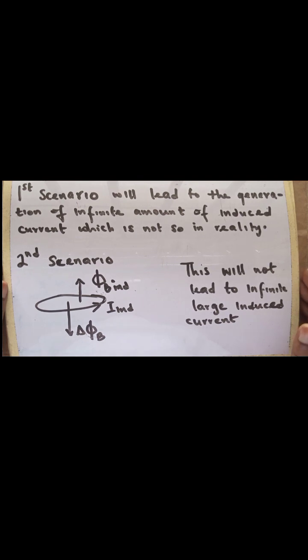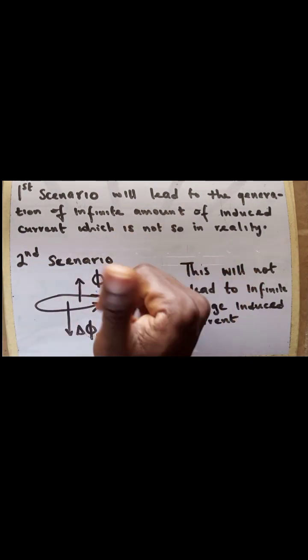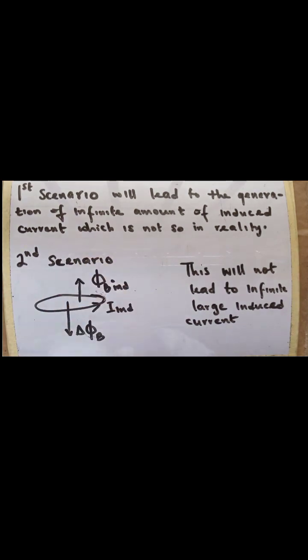So we'll now check the second scenario. The second scenario is when the current is going in this direction. And if this induced current is allowed to go in this direction, the magnetic flux that will be coming out from this induced current will be pointing upward. So you can see it's going like this, then the magnetic flux is pointing upward, which will oppose this one.